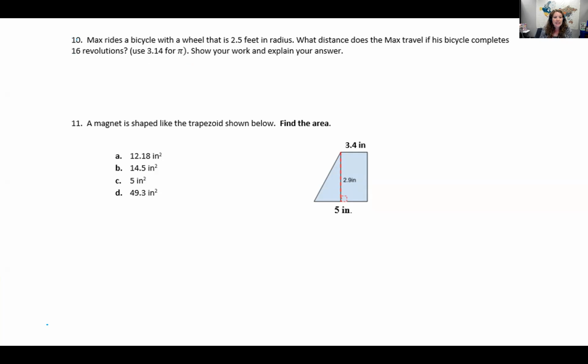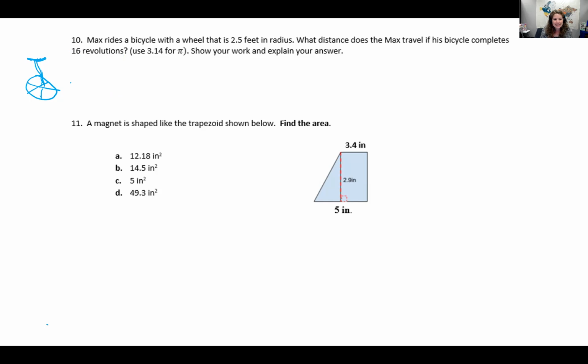All right, so number 10 is asking about Max. It sounds like he's on a unicycle. Do y'all know what a unicycle is? Here's a good looking tire with a pedal and one seat. Ooh, I am such an artist. It's almost painful how creative and artistic I am.